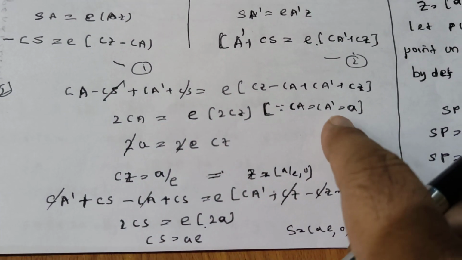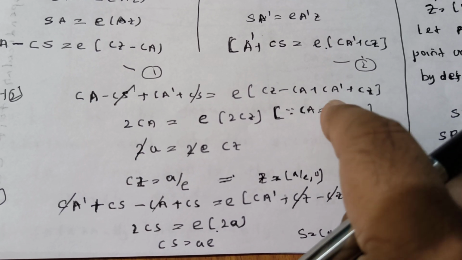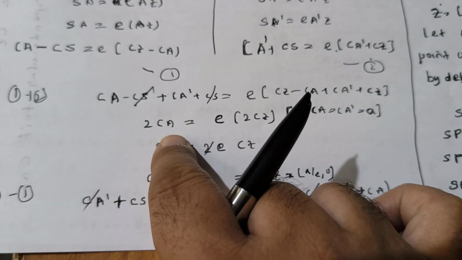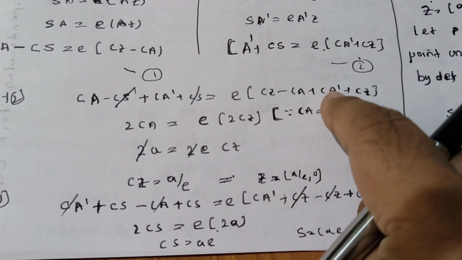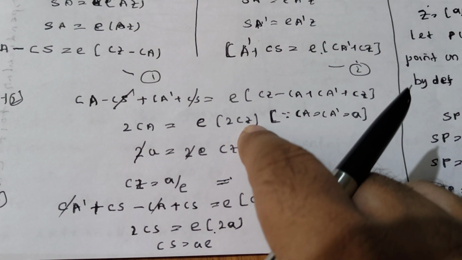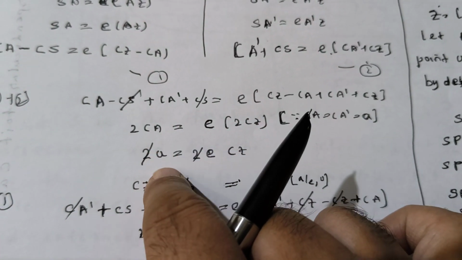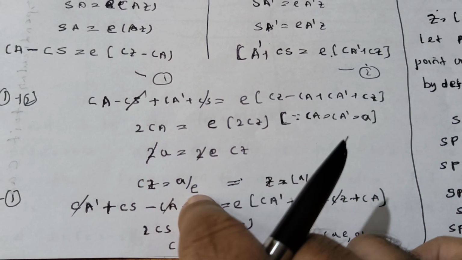Both lengths CA and CA dash are the same, so CA dash must be replaced with CA. CA plus CA will become 2 times CA. Coming back to this point, CA dash gets cancelled. This will become 2 times CZ. Now 2 gets cancelled. This length is A, this length is E times CZ. CZ is equal to A by E.